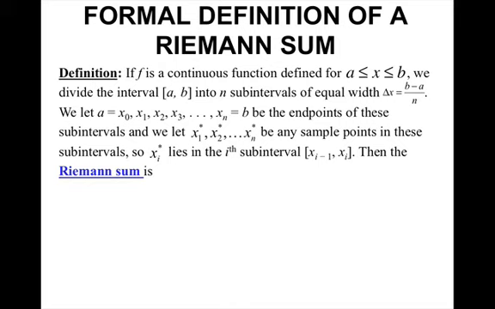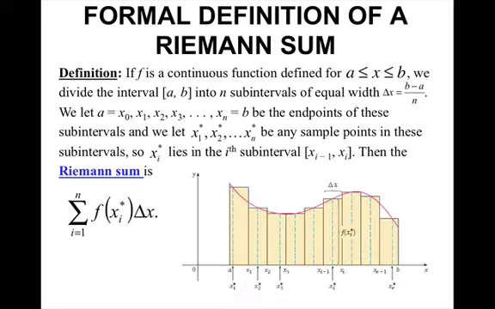Then the Riemann sum is the sum as i equals 1 to n of f of x_i* times Δx. So this is just a diagram to see what it looks like. It's pretty much the exact same thing, but the little asterisks just mean some arbitrary x value.